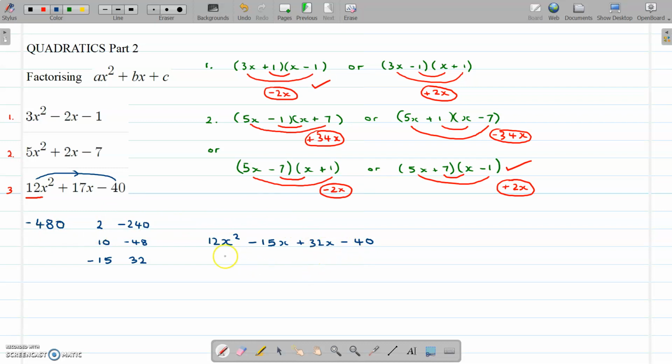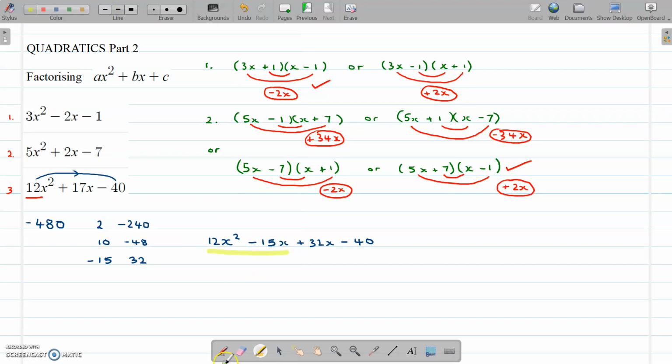Now I do a really smart thing. I look at these in pairs. So I take the first pair and I say, what do I need to factorize out of that group?